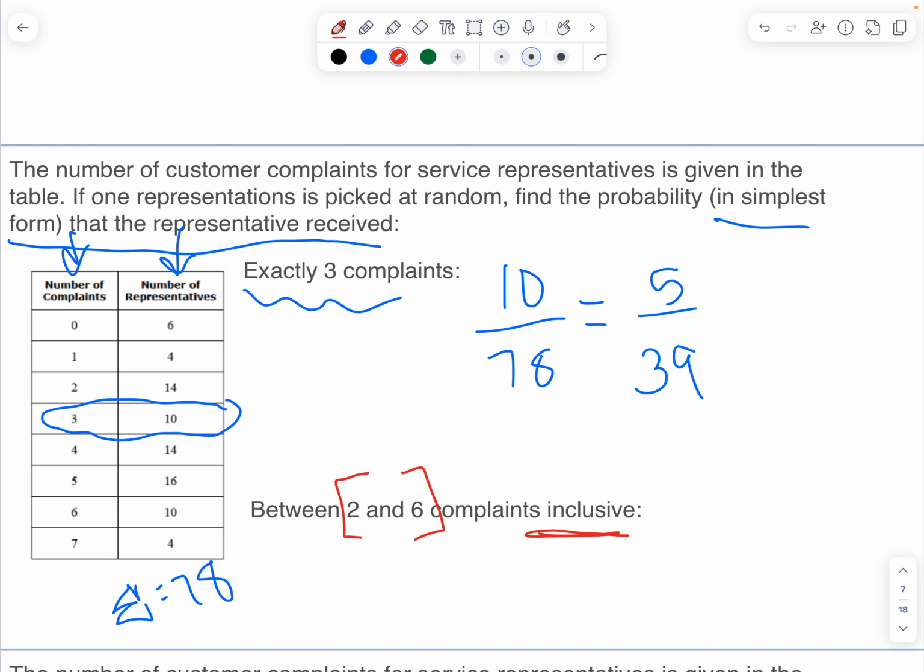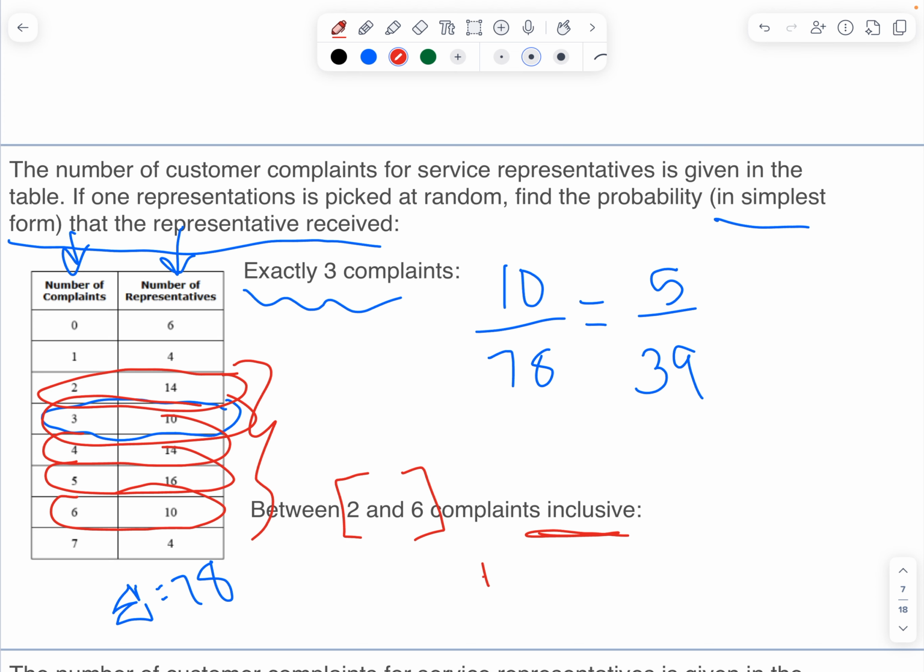Inclusive means we want to count 2 complaints, 3 complaints, 4, 5, and 6. So we want to add up all of these. So we've got 14 plus 10 plus 14 plus 16 plus 10. So that's between 2 and 6.